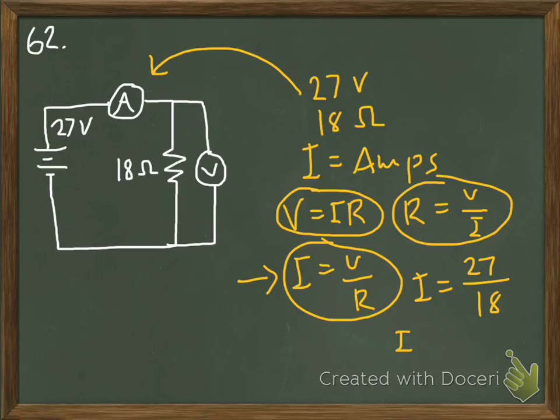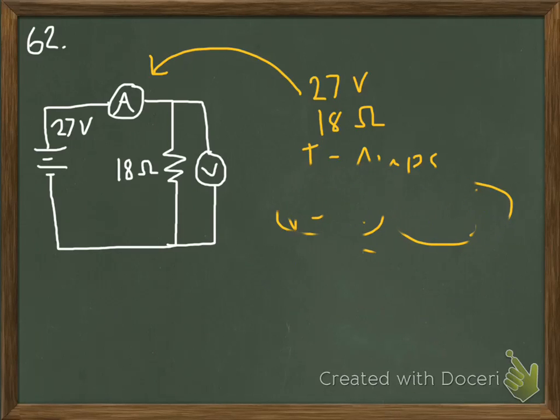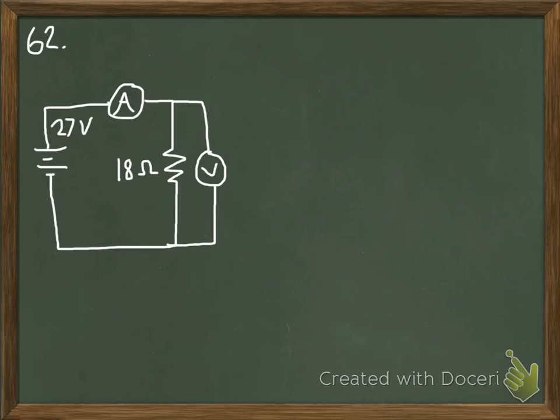So I is equal to 1.5 amps. Okay, I'm going to use my eraser here and clean this up a little bit. I'm just going to write 1.5 amps up at the top here. We have 1.5 amps. Okay, cool.